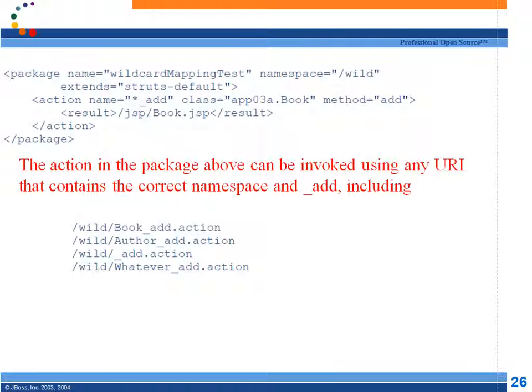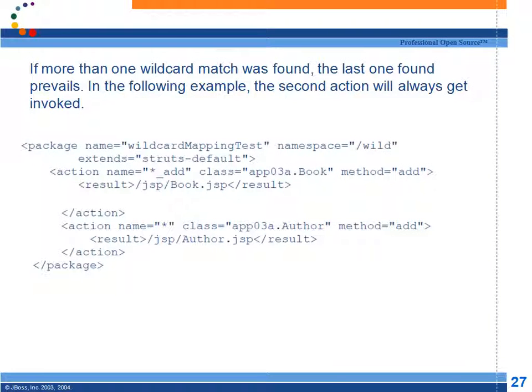To invoke this action, what is the URL to be given? Anything with underscore add. If you give anything with underscore add, this action will be invoked. You can use wildcards in the action names, right? Yeah, once you know this, see what this will do.